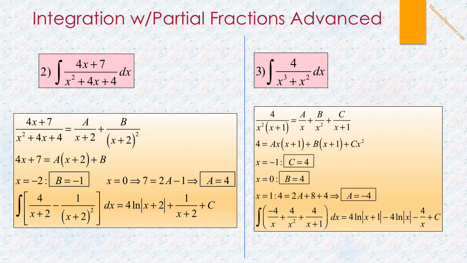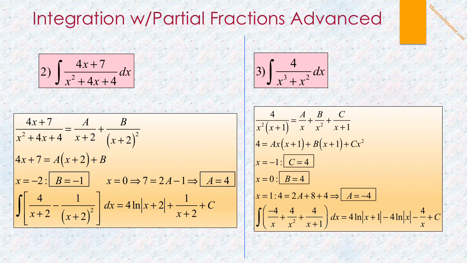We then let x equal 0, and from there we get B is equal to 4 as well. We now let x be any value other than 0 and -1. We'll let it be 1, and we get 4 = 2A + 8 + 4, and therefore A is equal to -4.